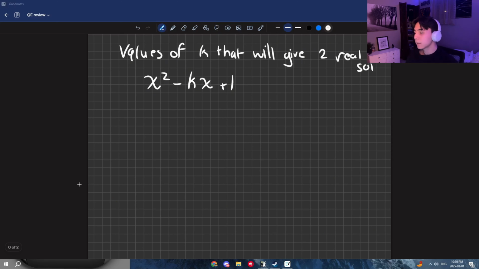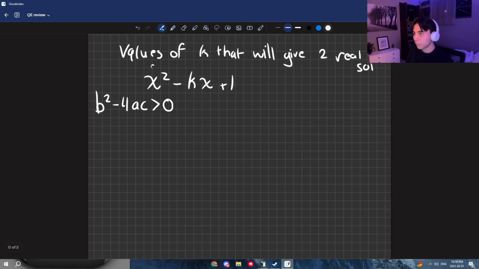Alright, so we're going to apply this discriminant knowledge again onto this. We have b squared minus 4ac, and we're looking for the values of k which will give two real solutions. If it's two real solutions, that means our discriminant is going to be greater than 0.